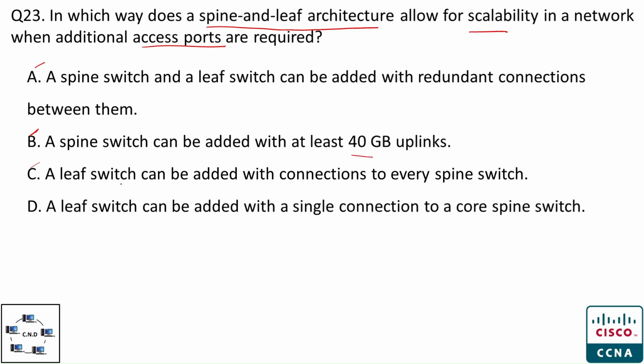Option C, a leaf switch can be added with connections to every spine switch. And option D, a leaf switch can be added with a single connection to a core spine switch. And the correct option is option C, a leaf switch can be added with connections to every spine switch.